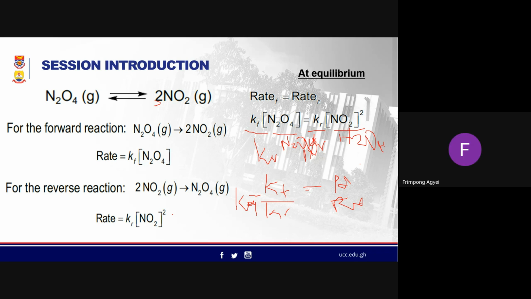The equilibrium constant is equal to the forward constant divided by the reverse constant, which is basically the same as the concentration of the product divided by the concentration of the reactant, all raised to a particular power. Here the order was 1, which has to do with the stoichiometry, because here it is 1 and here it is 2. Please, did you see what I did?